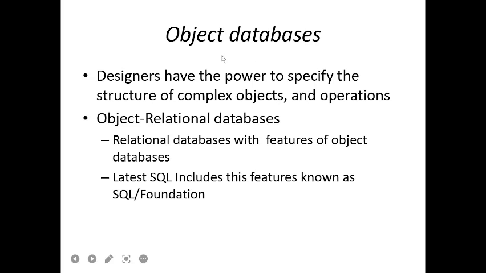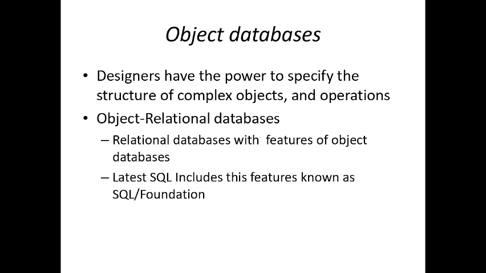So what are these object databases? Relational DBMS, that is RDBMS vendors, have also recognized the need for incorporating features that were proposed for object databases, and newer versions of relational systems have incorporated many of these features. This has led to database systems that are characterized as object relational databases, or ORDBMS.